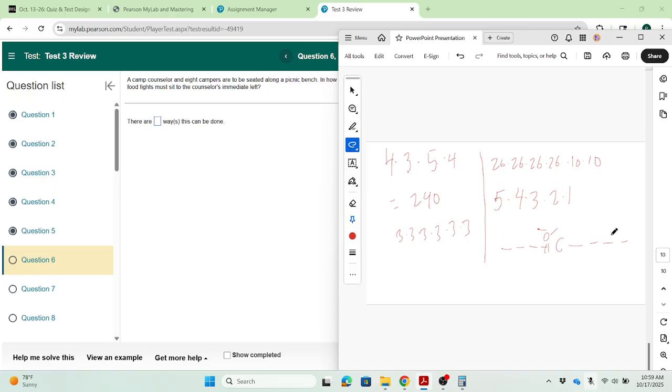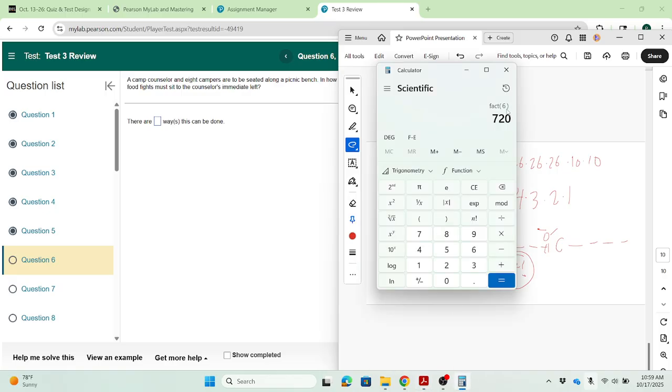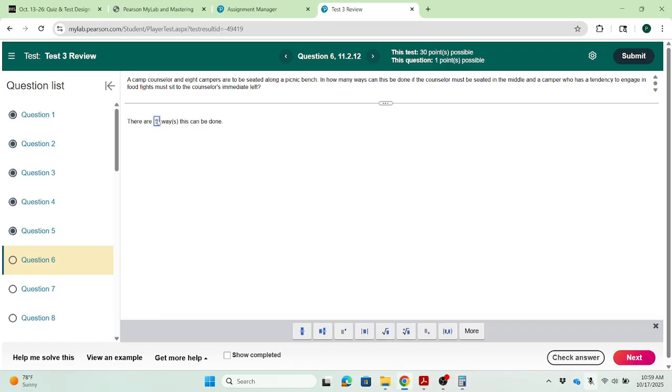So the rest, 7 of them, can be rearranged in 7 factorial ways, because the first one can be seated 7 different ways, the second one 6, then 5, 4, 3, 2, and 1. 7 factorial is 5040 different ways.